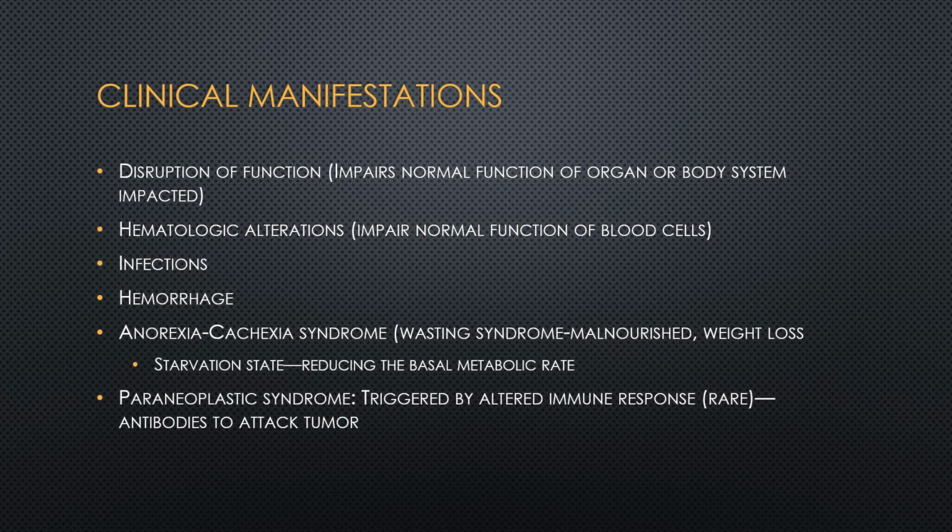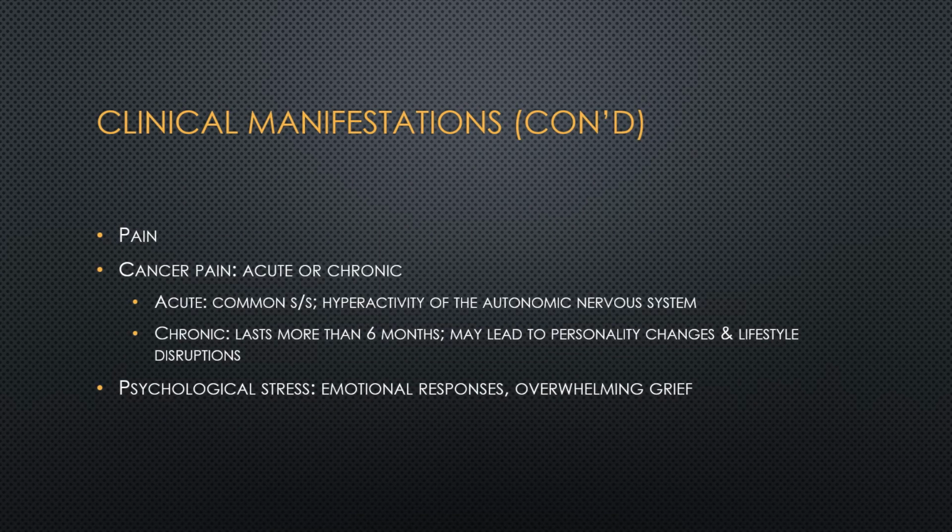Paraneoplastic syndrome is triggered by an altered immune response. It's pretty rare, and antibodies start to attack the tumor. Other clinical manifestations include pain, and cancer pain is considered acute or chronic. Acute pain has common signs and symptoms, and there may be a hyperactivity of the autonomic nervous system.